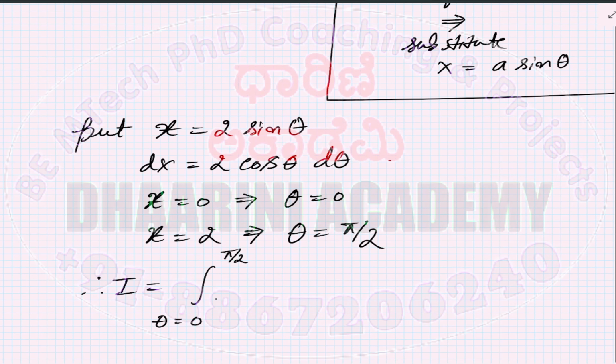So look at that. It has 4 minus x square, with the whole power being raised. This is 4 minus x square. X square is 2 sine theta whole square, so this is 2 square, so 4 sine square theta, because x is 2 sine theta, the whole square, to the power 3 by 2, into dx, which is 2 cos theta d theta.